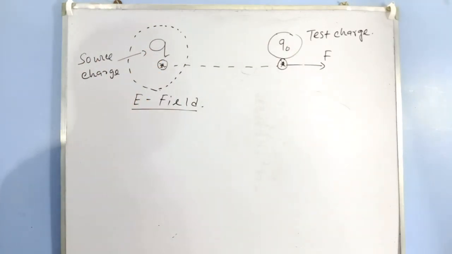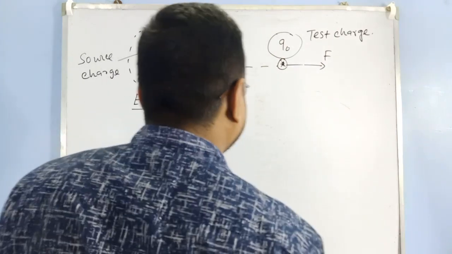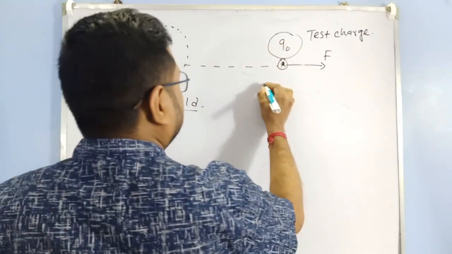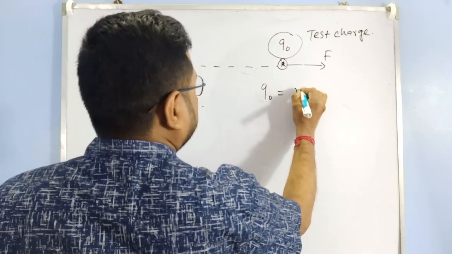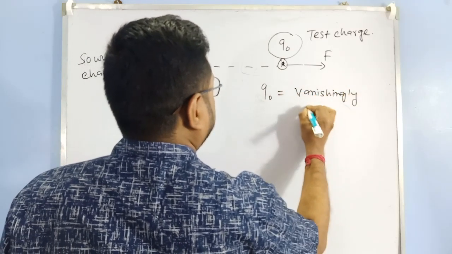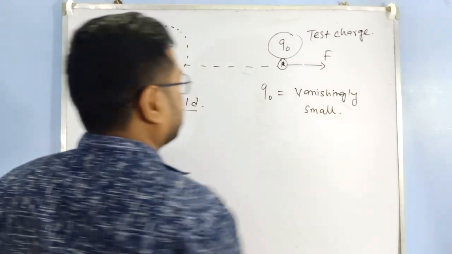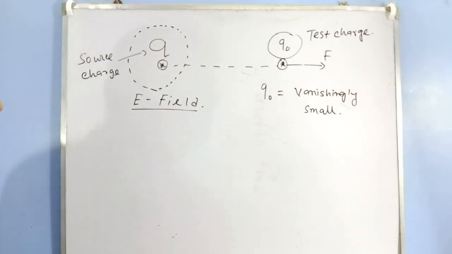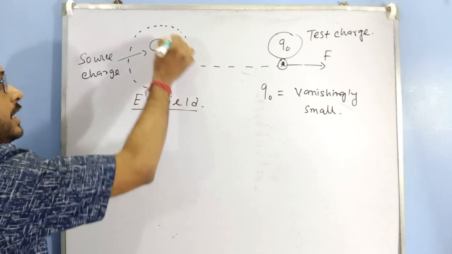This cannot be allowed. So in this case Q0 has to be vanishingly small, or infinitesimally small, so that it does not affect the force or field of Q.